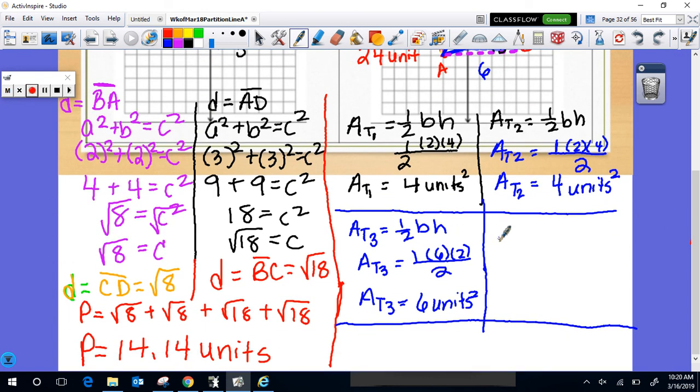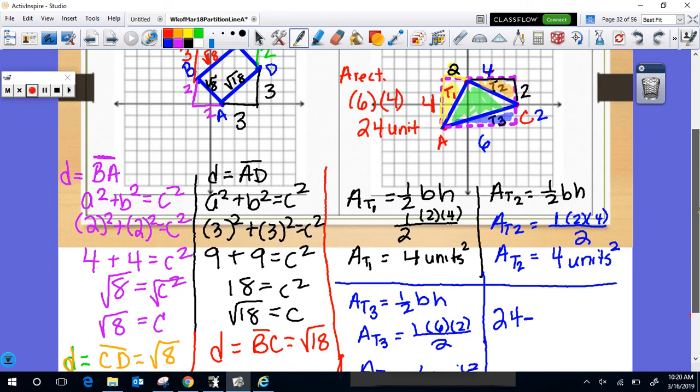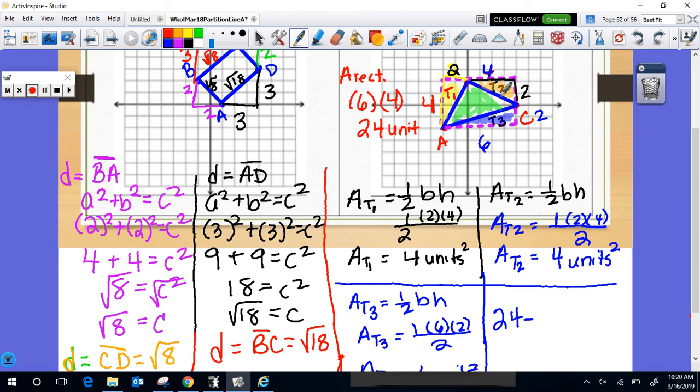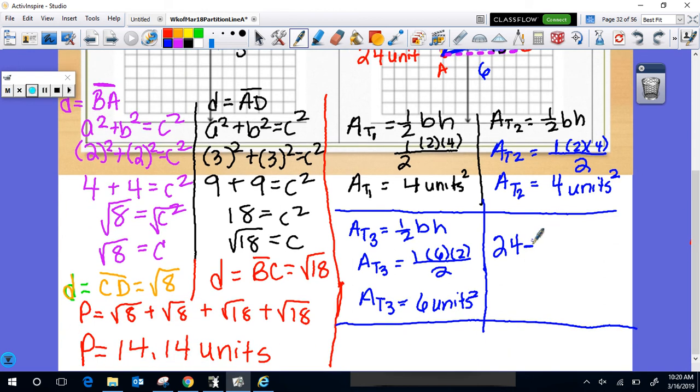So I'm going to say 24 minus the areas of each one of those pieces. So I'm going to subtract out this area, and this area. So I'm going to go down here and say 4 minus 4 minus 6.